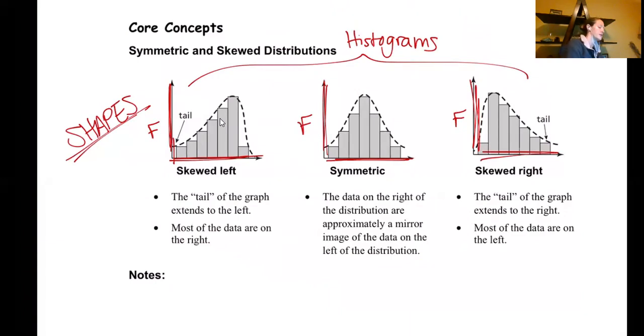Now I want you to think about what we talked about in section 11.2 when we talked about the shapes of box and whisker plots, because box and whisker plots could be skewed left, symmetric, or skewed right.